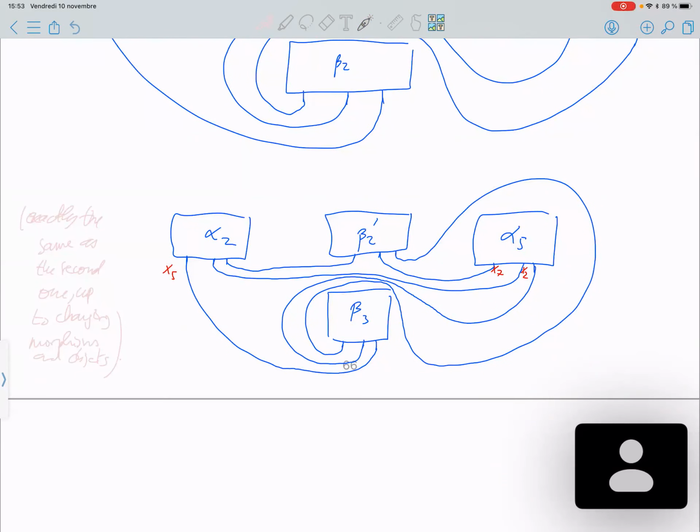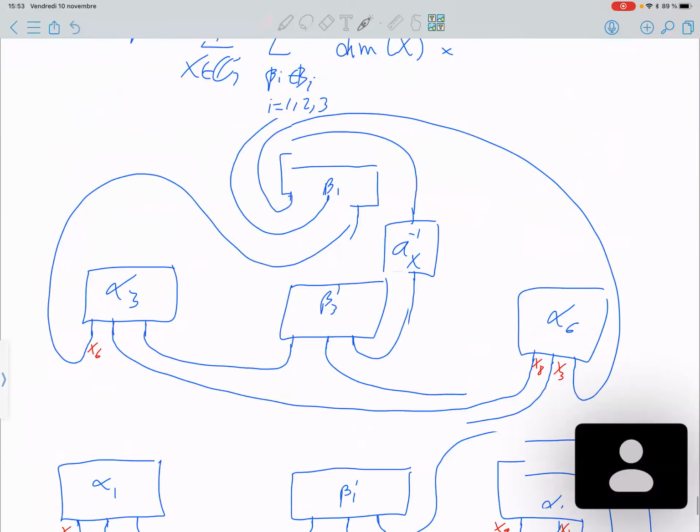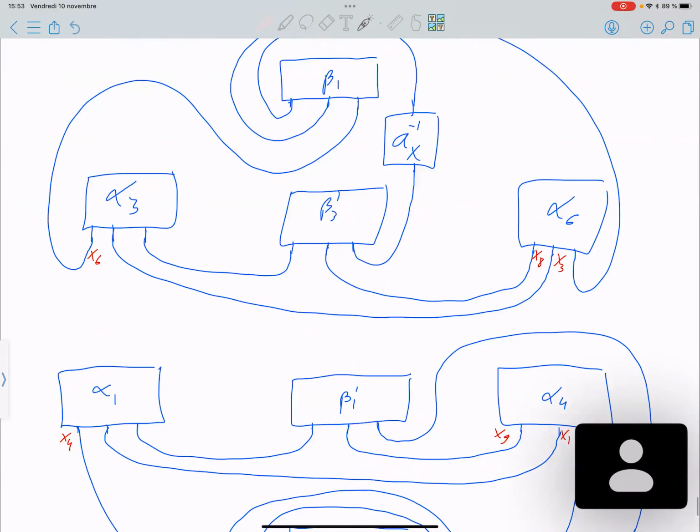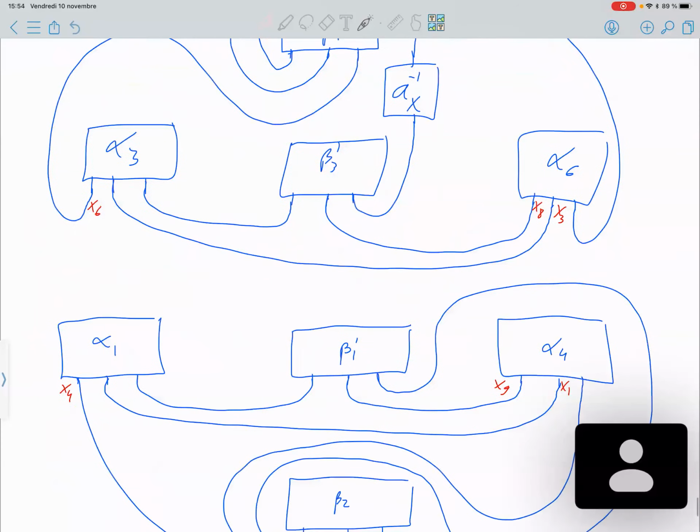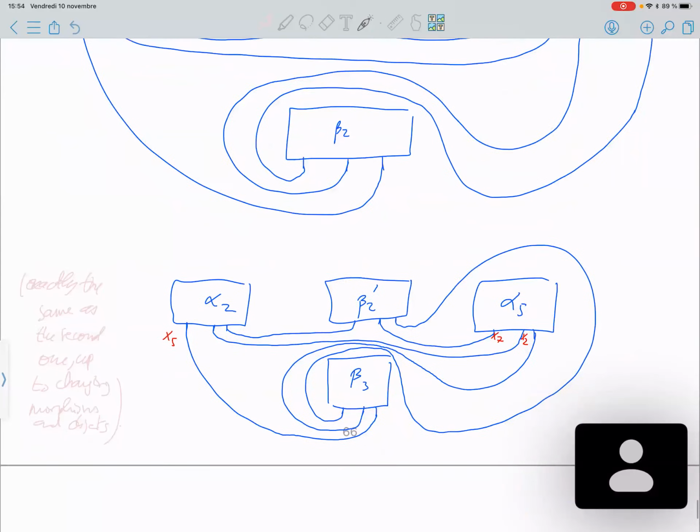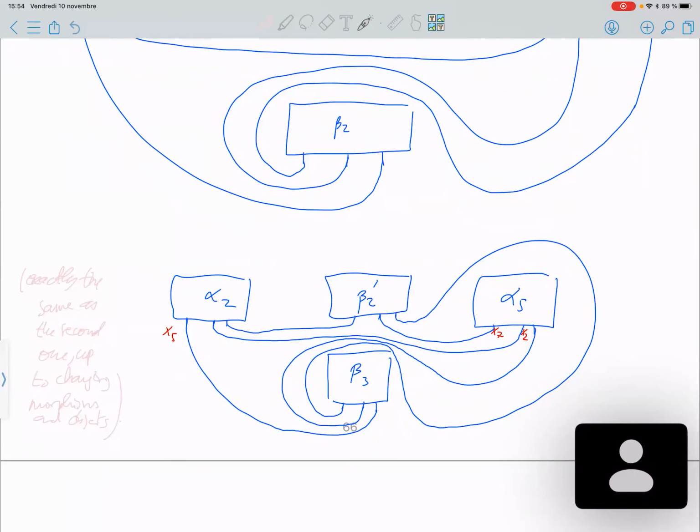It remains 12 minutes before the break. Now you just have to apply some zigzag relation and some natural isomorphism rho and sigma to recover the exact shape of a monoidal tetrahedron.